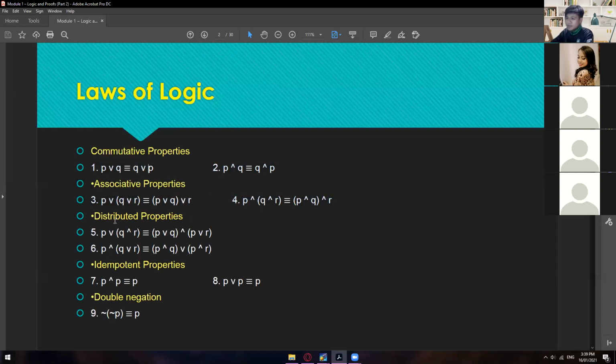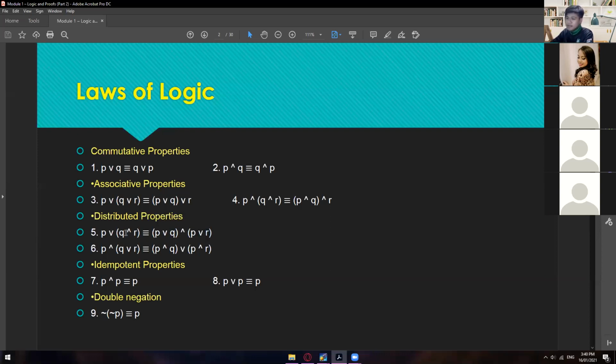Then the next one is distributive properties. This is just like applying the FOIL method, if you're familiar with it: first, outer, inner, and last. It is the same with these variables. You're just distributing P over Q and R. So P times Q, which is this one, and then P times R, which is this one.